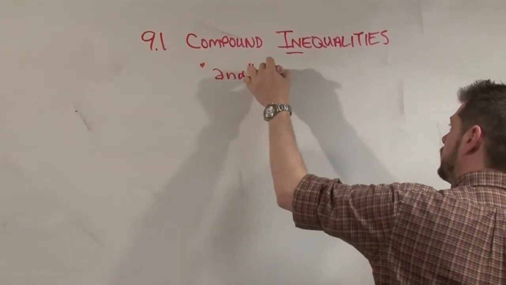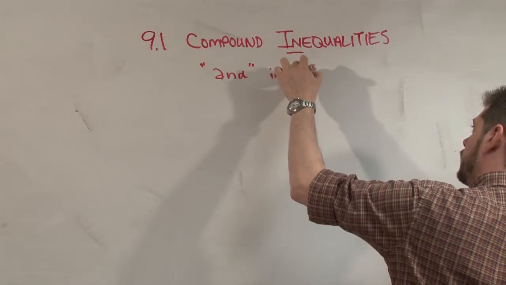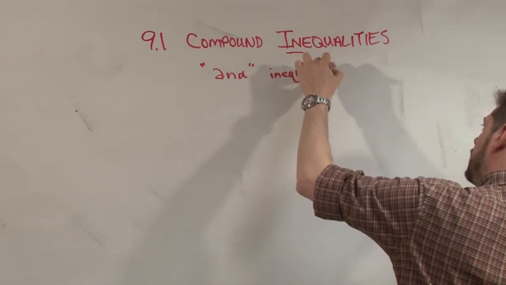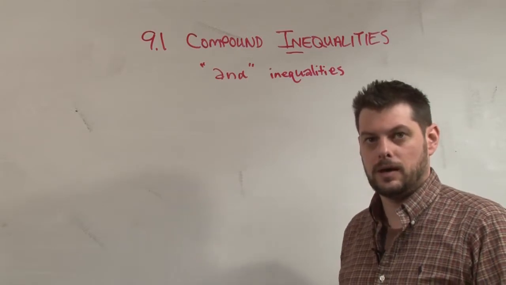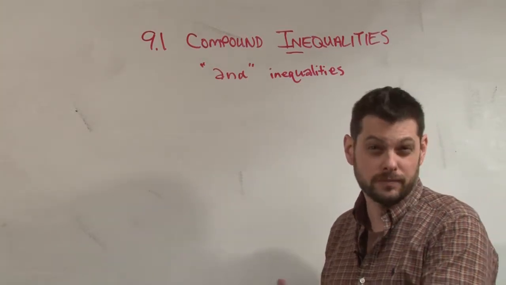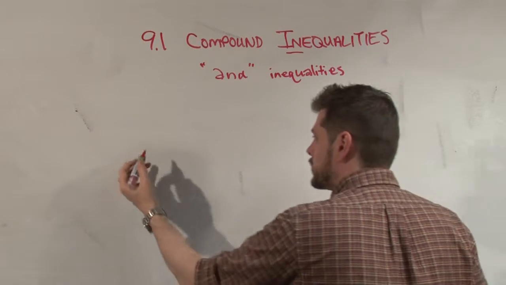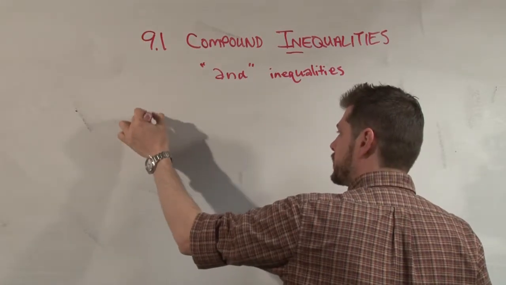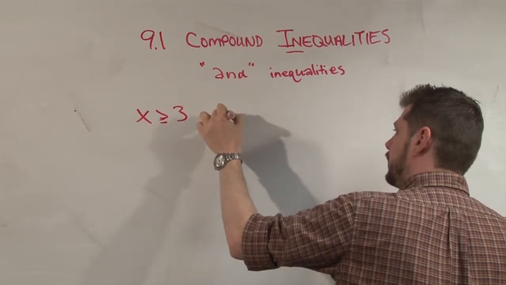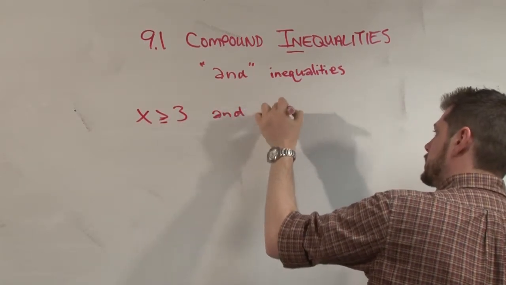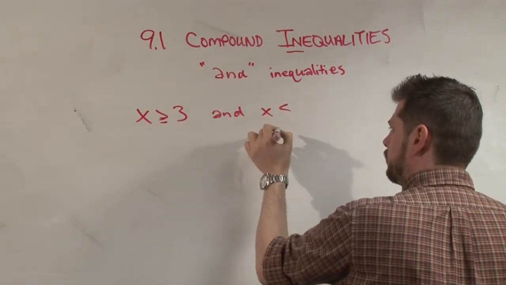We'll call it an AND inequality. And inequalities can always be rewritten in compound notation, if you'll give me the license to call it that. So our previous example was x is greater than or equal to 3, and x is less. Did I say that right?